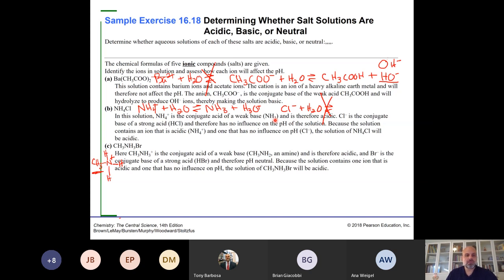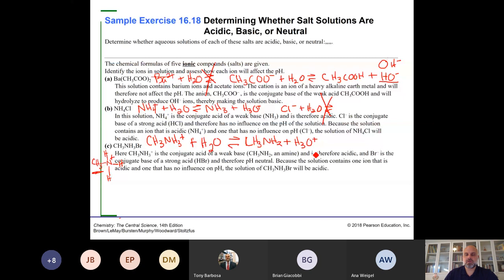So I'm going to draw out the equilibrium steps again here. If we have CH3NH3 plus, it reacts with water and forms methylamine plus the hydronium ion, which is a strong acid.